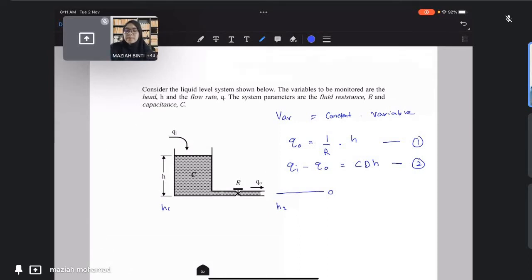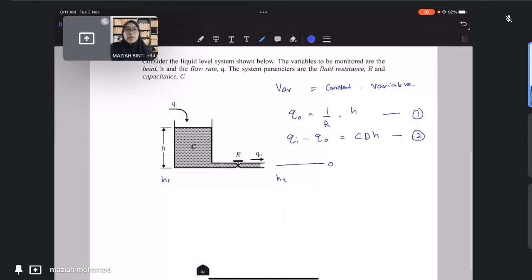Based on these two equations, we'll be able to draw the block diagram if we know the input and the output.